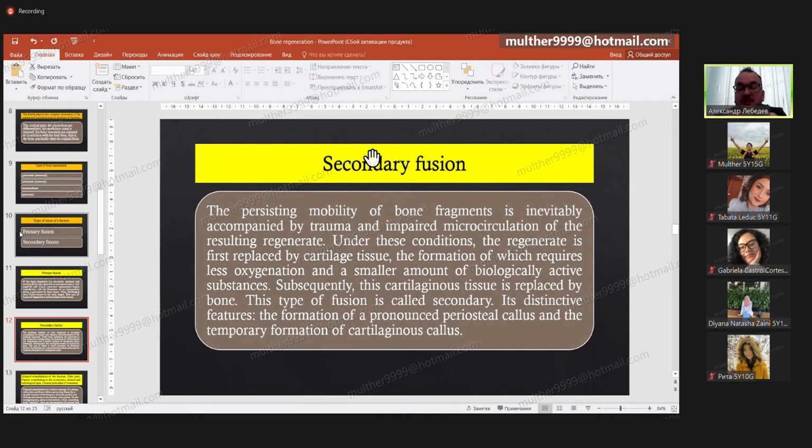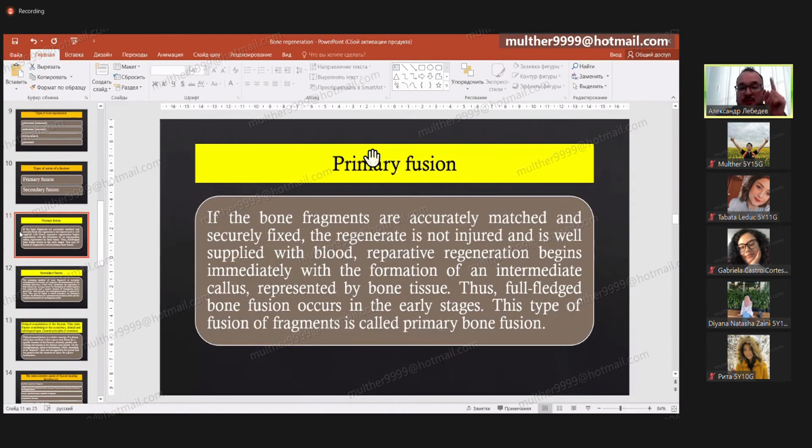In this situation, we see the union or fusion of the fractures, but these things happen in abnormal timing. And secondly, the conditions and characteristics of the new bone tissue which starts to appear in the line of the fracture are not normal. That's why we try to treat our patient to achieve primary fusion.